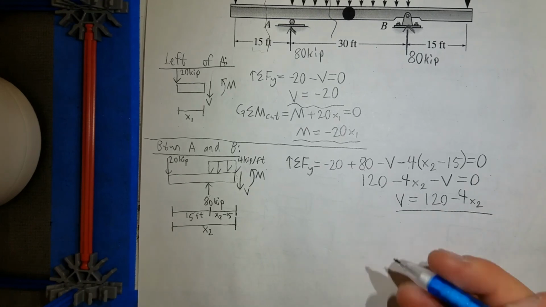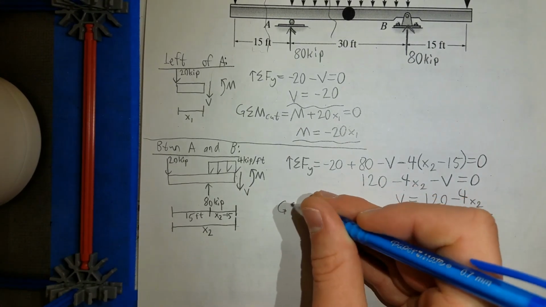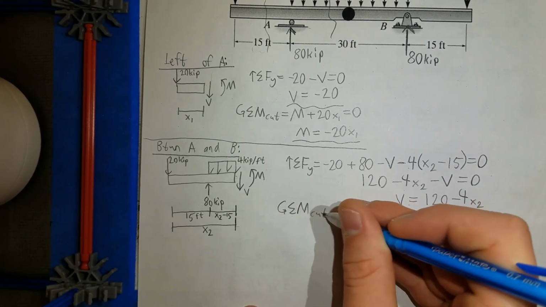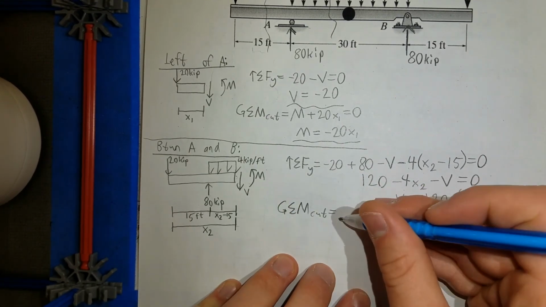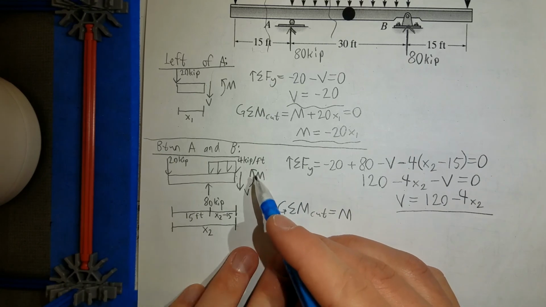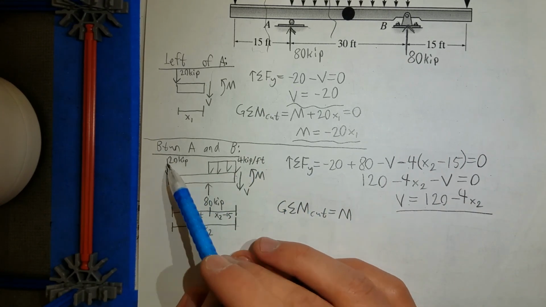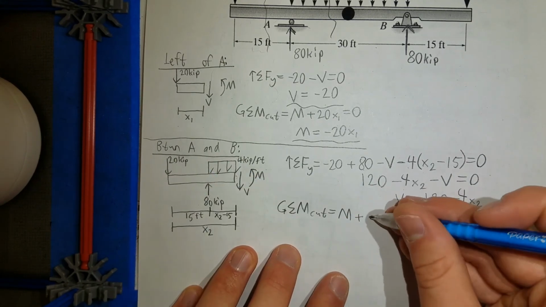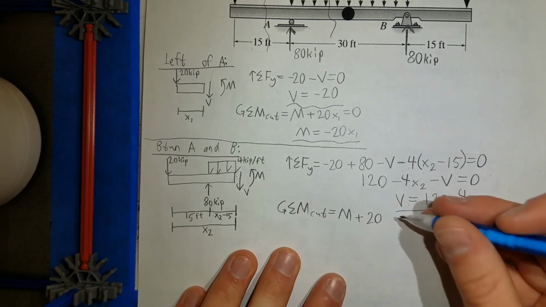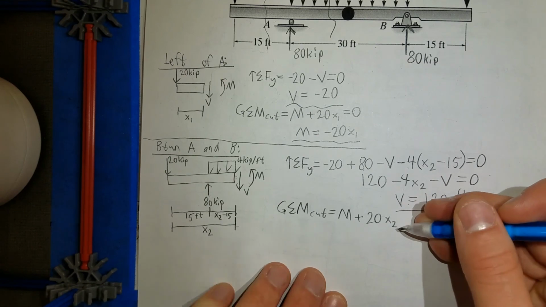And now we're going to go to the sum of the moments. So the sum of the moments about the cut, first off, we can write in our moment M here. And then I'm going to go for the simpler things. We have our 20 kips acting in a counterclockwise direction, so 20 times that distance, which is just going to be x2.